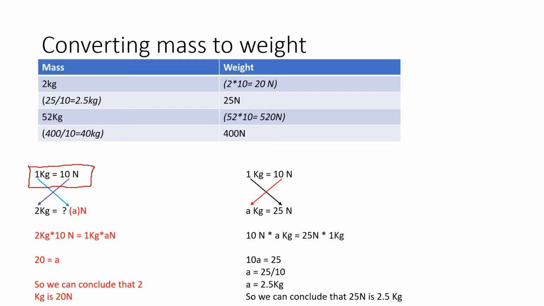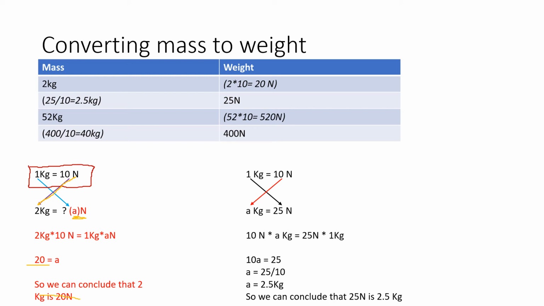So 2 into 10 is equal to 1 into A, or any letter. Then we know 2 into 10 is 20 and 1 into A will be A. Therefore, A will be equal to 20. So we can conclude that 2 kilograms is 20 newtons.